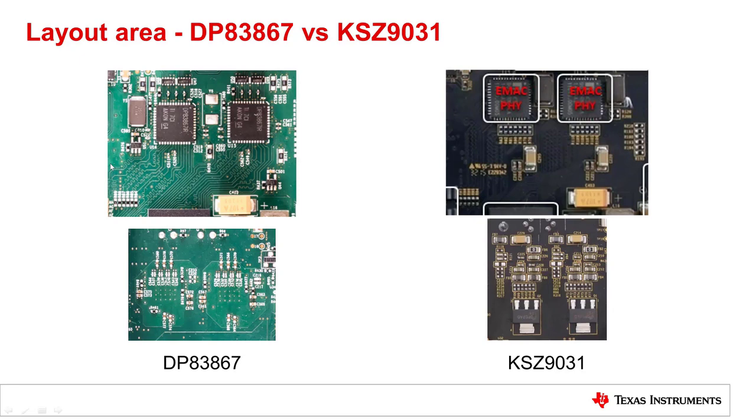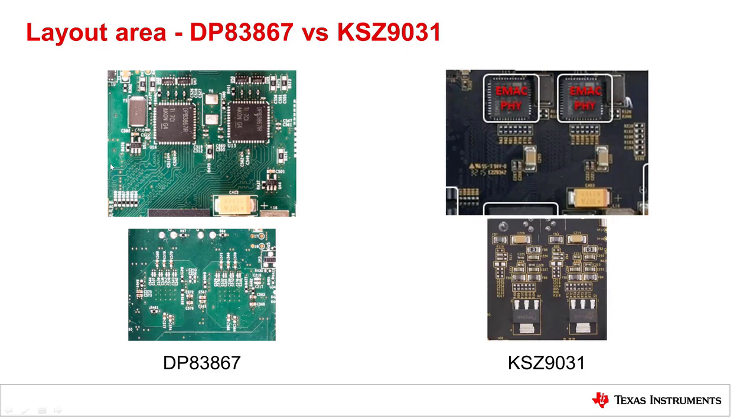This slide shows the layout area between the DP83867 and the KSZ9031. On one hand, you see that the DP83867 solution has integrated termination resistors on the MDI interface, or actually the RGMII interface.